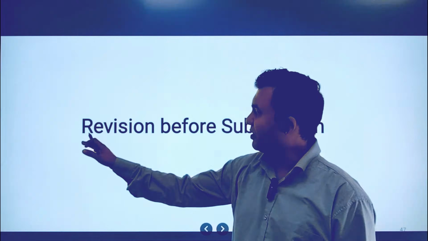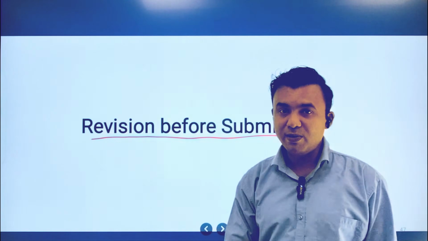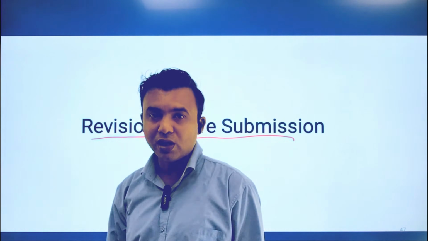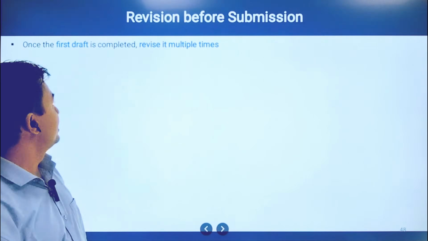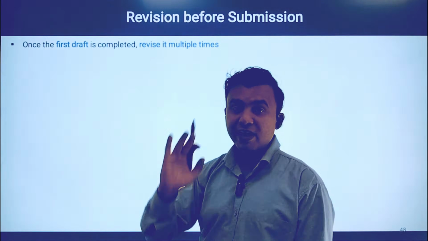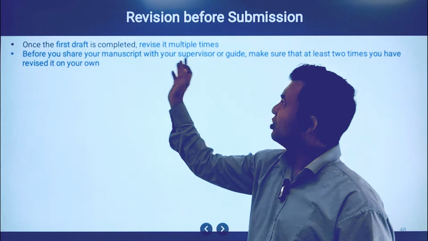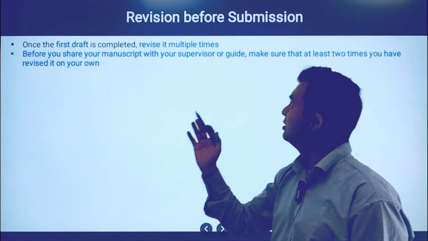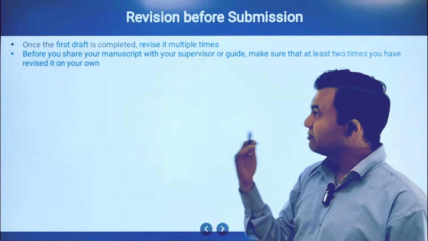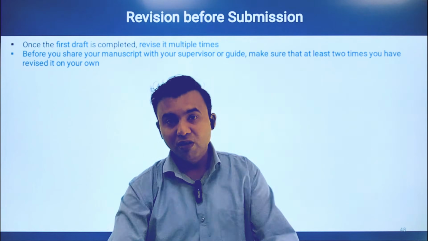Now, revision, the last revision before you submit. This is extremely important, and involve your supervisor or other co-authors in that, right? So what we do is, once the first draft is ready, revise it multiple times. Before you share your manuscript with your supervisor or guide, you ensure that you have at least revised it 2 to 3 times on your own, improving.